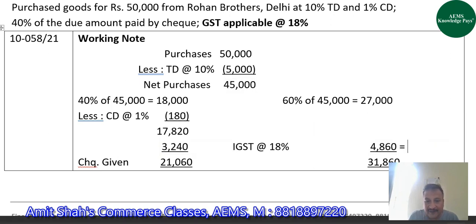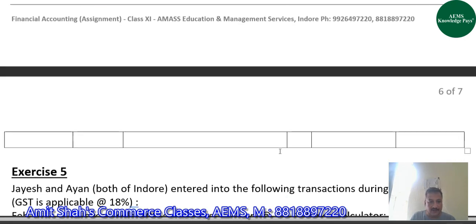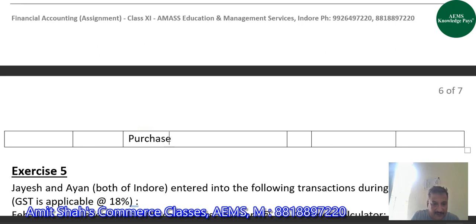That is 8,160. Okay, sorry, 8,100. Right, this is the total IGST. So we will debit purchases account.